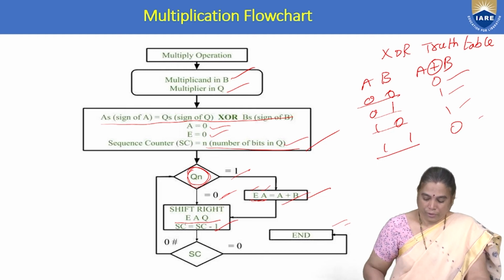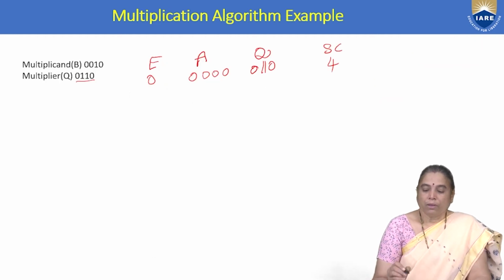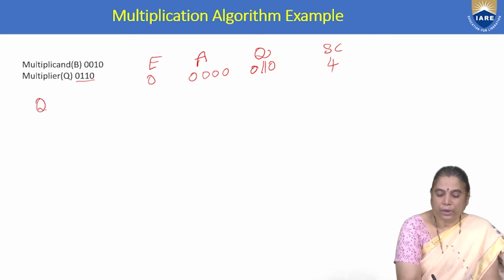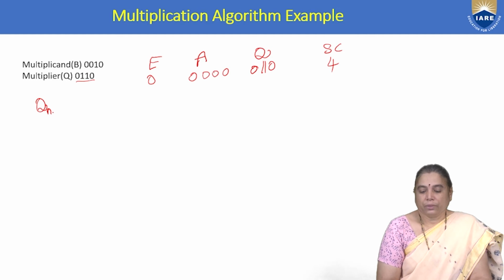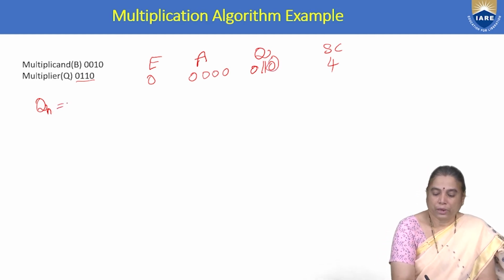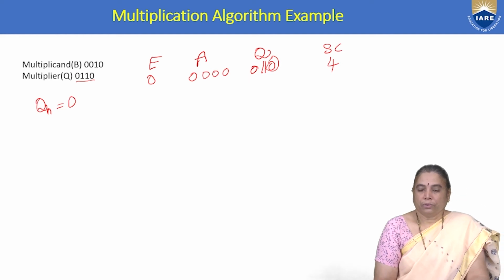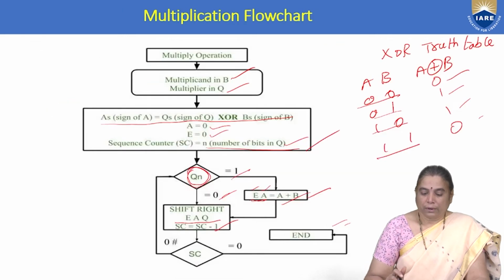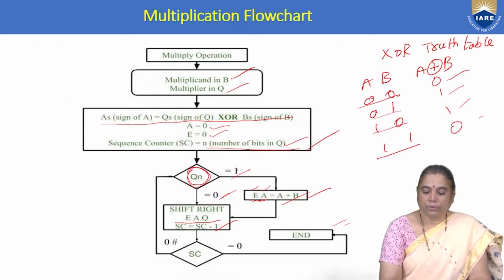So here we take Qn. Qn is the LSB of Q. So this is Qn, and Qn is 0. We have to compare whether Qn is 0 or 1, and here it is 0.